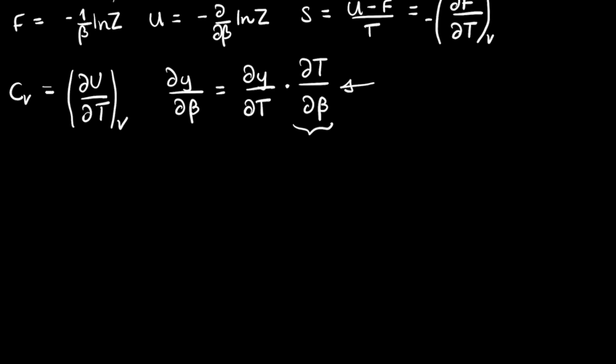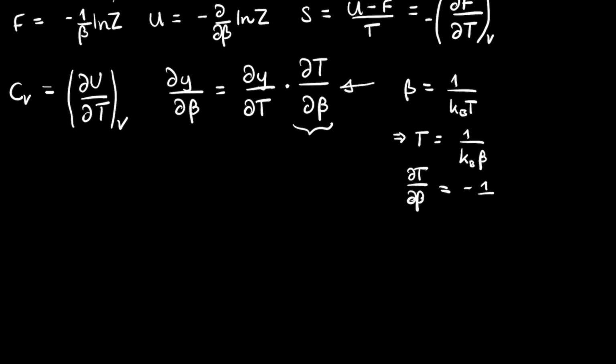Well, beta is simply 1 over kB T, so therefore T is simply 1 over kB beta. So dT by d beta is minus 1 over kB beta squared, since we've just differentiated that with respect to beta.